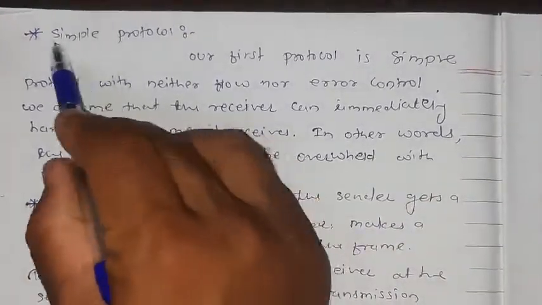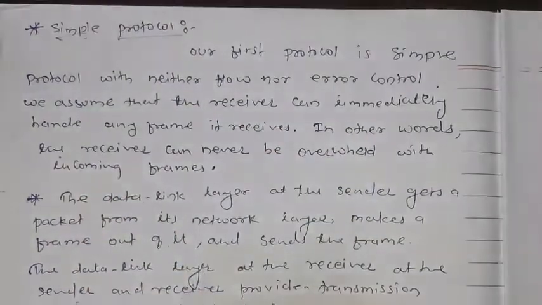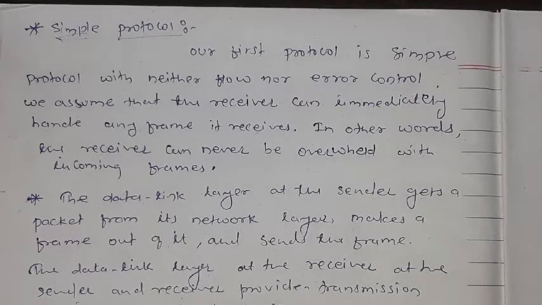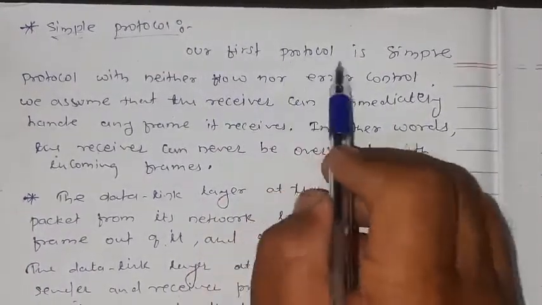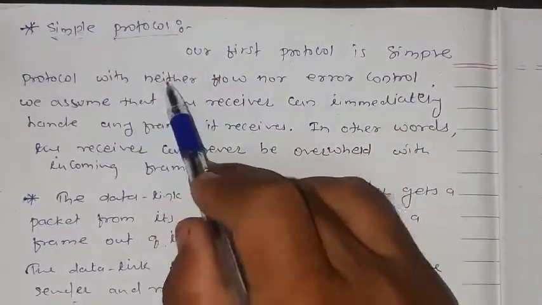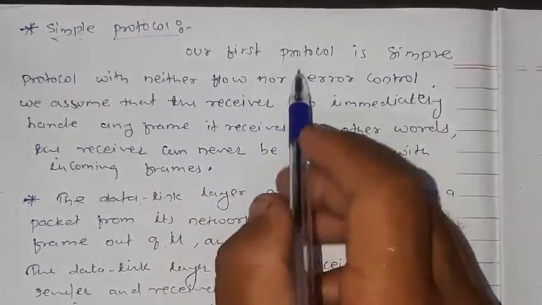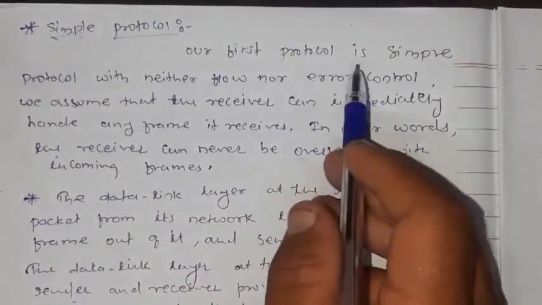In that series, the first protocol is known as the simple protocol. It's a basic and fundamental protocol which is used while we're dealing with error control and flow control. But the important thing is that our first protocol is a simple protocol with neither flow nor error control. Here it does not work on flow control or error control.